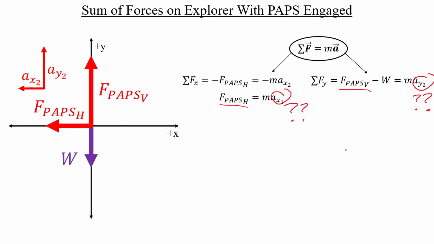We're going to have to resort to an alternate tactic to get these accelerations, which will then allow us to solve for those forces. And there's a lot of different ways that you can do this. However, I think the most straightforward way is to start with the vertical direction.